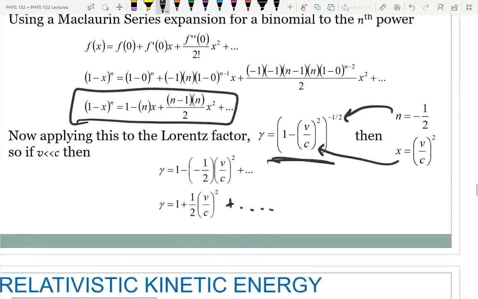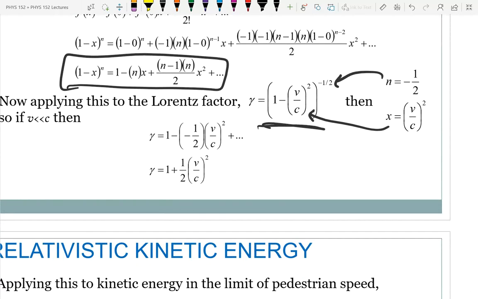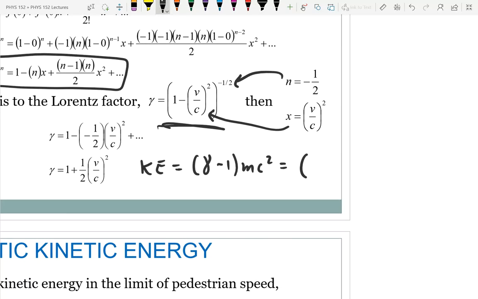So with this gamma approximation, then kinetic energy, there is substituting in the binomial expansion.